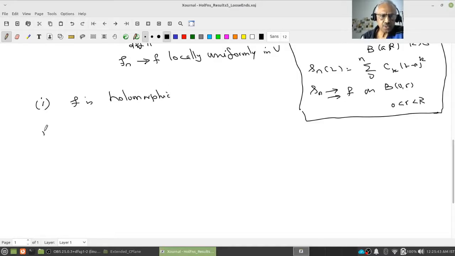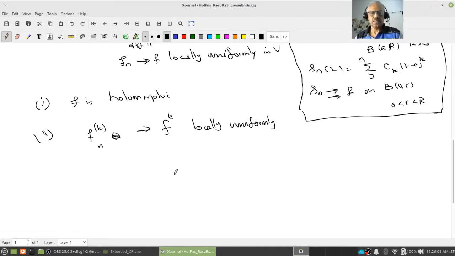and since F is holomorphic, now I can talk about its derivative. So let us look at the kth derivative of Fn. This converges to the kth derivative of F locally uniformly. So not only is the statement clear, what does it mean?